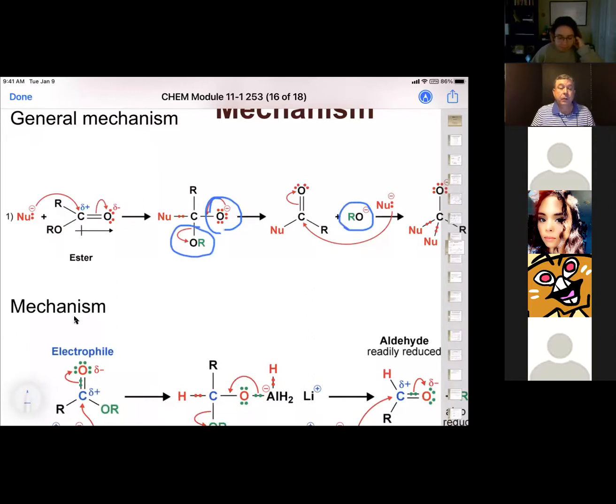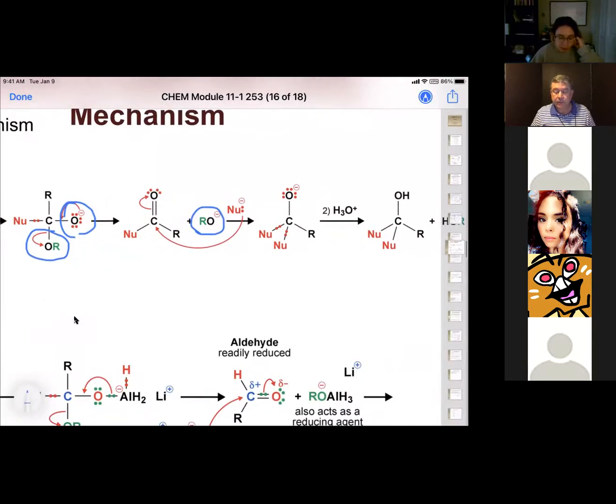Okay, so our lithium aluminum hydride is a stronger base, and so we can actually have that aluminum, that OH-OR come off, and then regenerate our carbonyl. If we regenerate our carbonyl, that means we're going to be able to attack with another nucleophile, and then we're going to end up with that alkoxide gone and 2 nucleophiles on there. That looks very similar to that mechanism we had with the 2 equivalents of Grignard when we attacked the ester.